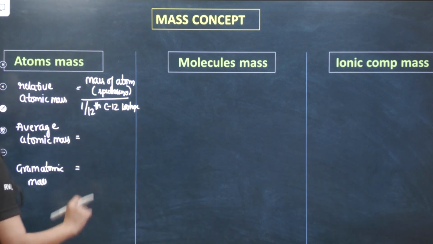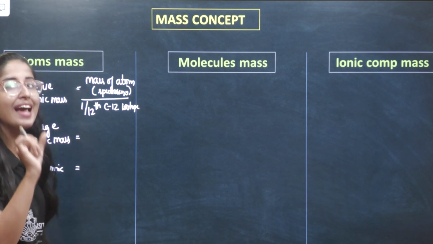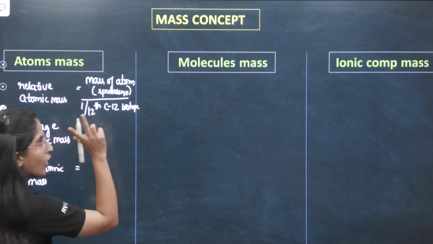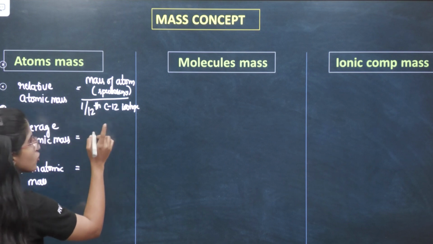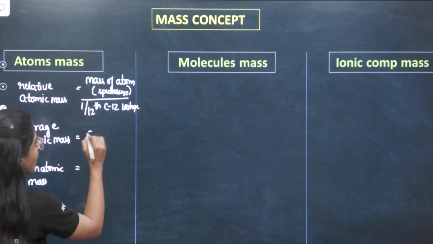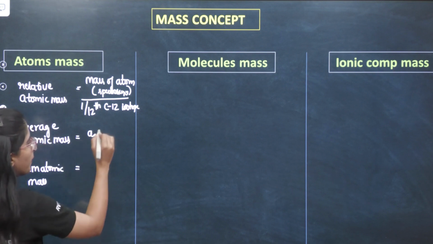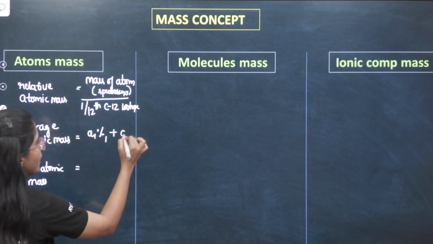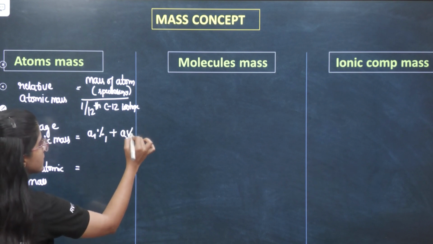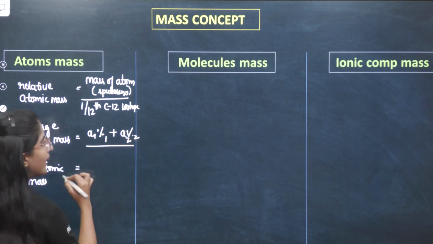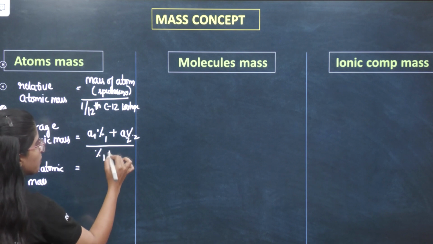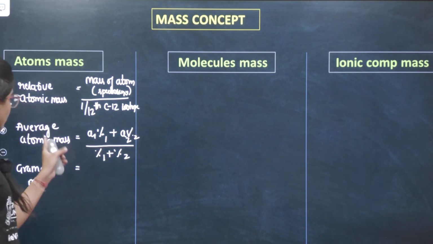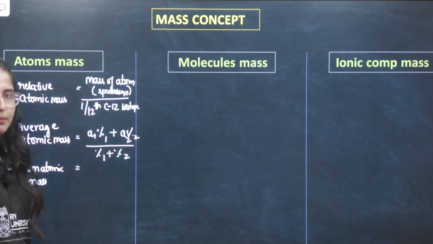Average atomic mass is used if you are given isotopes. You take two isotopes, let's say isotope A and isotope B. The mass of the first isotope and its percentage composition, plus the mass of the second isotope and its percentage composition, divided by the total percentage composition, which will usually be 100% always. This is called average atomic mass.